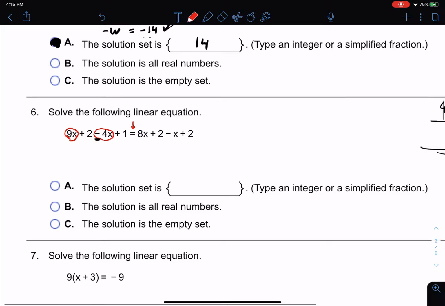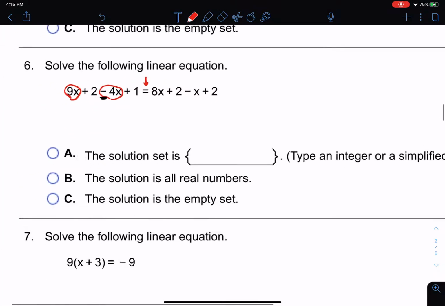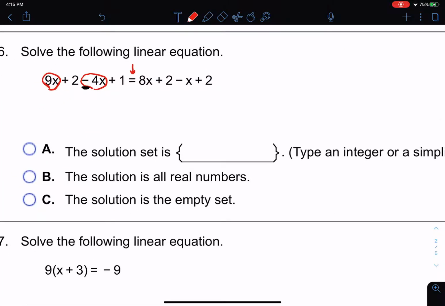In a nutshell, what does this mean? It means that I can combine these right now, as long as I take that sign. You have to take the sign. 9x and a -4x leaves us with a 5x. And of course, we still have a 2 and a 1, which gives us 3.